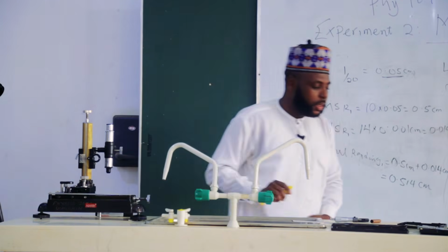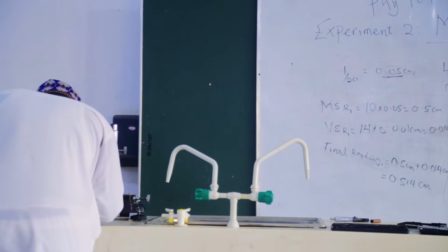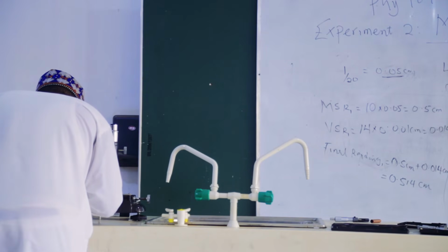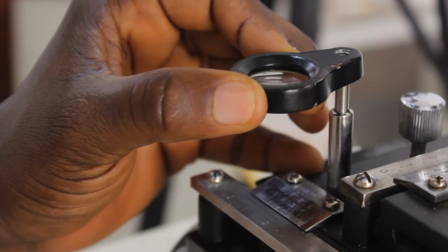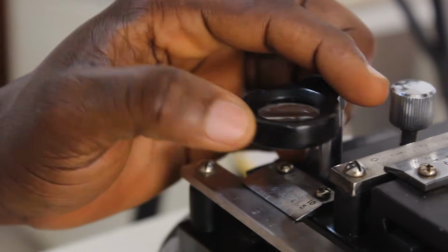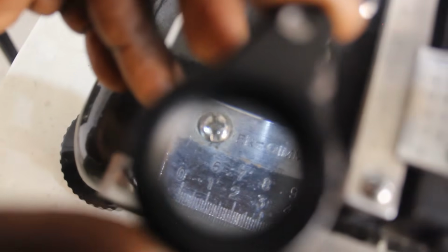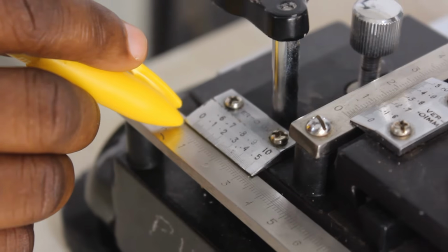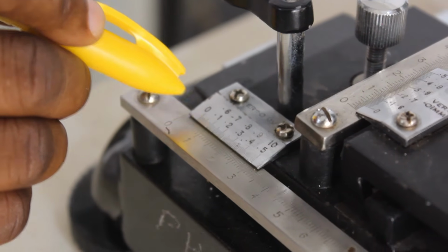To pick our reading, we want to pick our main scale reading first, so we can quickly use this magnifying lens. If I count this line from 0, this is 0, this is 20, this is 25.